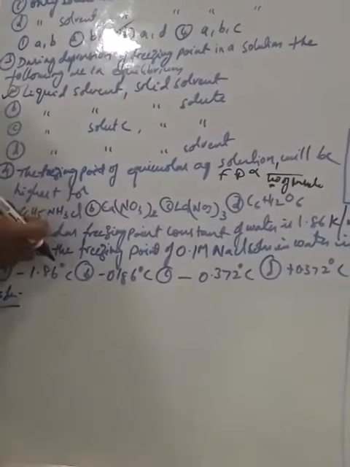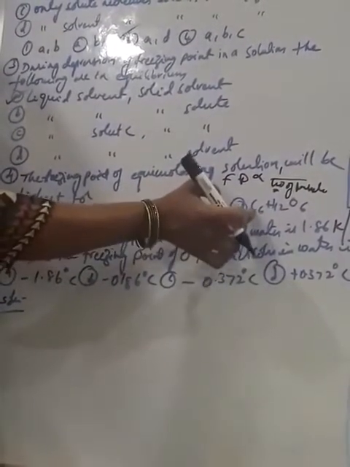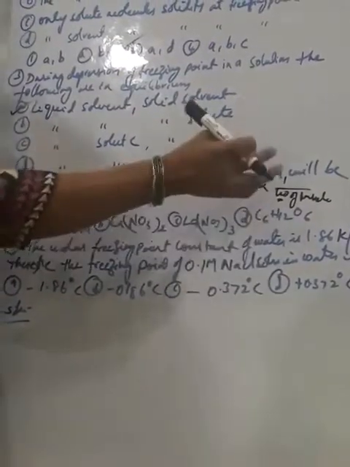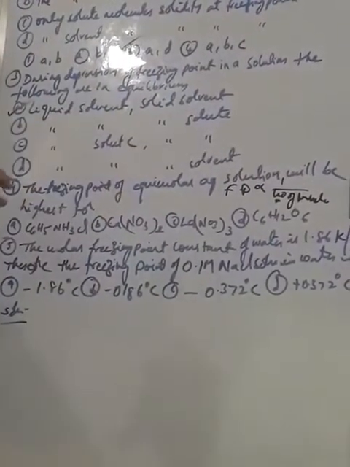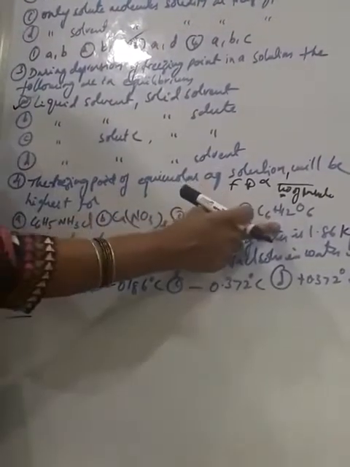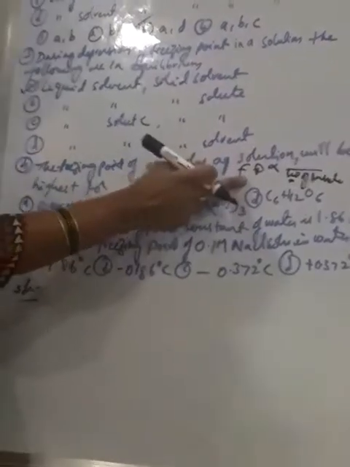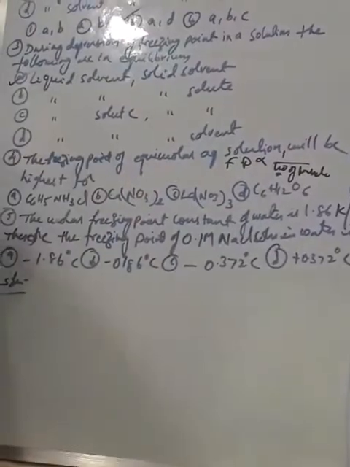First one has 2 ions, second has 3 ions, third has 4 ions. And the last option has no ionization, so it remains a single particle, because it does not undergo ionization. So the lesser the number of particles, the greater is the freezing point. That's why glucose shows the highest freezing point. So this is the correct option.